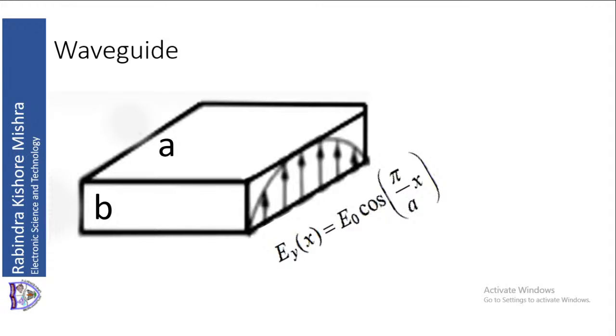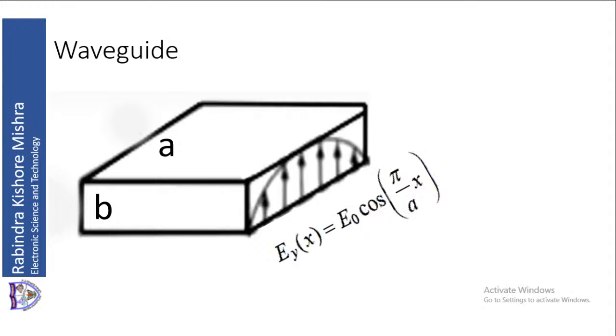So at x is equal to plus minus a by 2, this will be cos of plus minus pi by 2, and cos of plus minus pi by 2 is equal to 0. So at both the ends, it is equal to 0. So this form justifies the field distribution. Ey is equal to E0 cos(pi by a into x), and this gives you 1/2 wavelength variation.